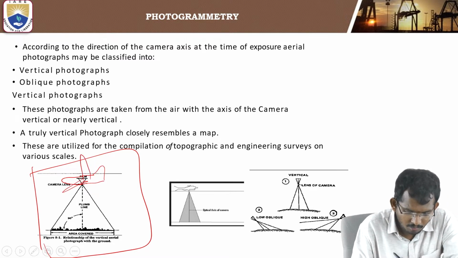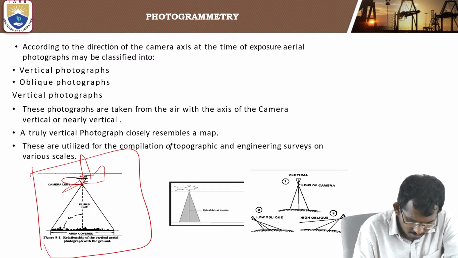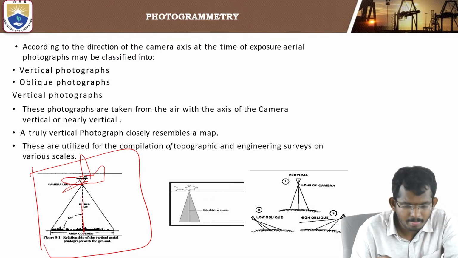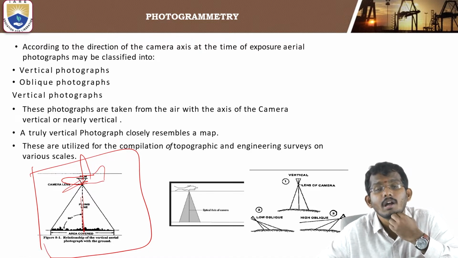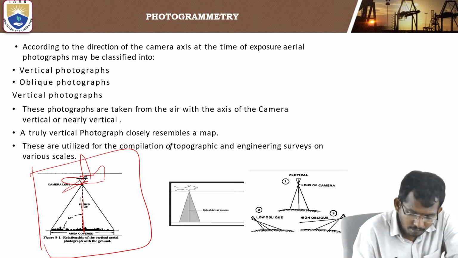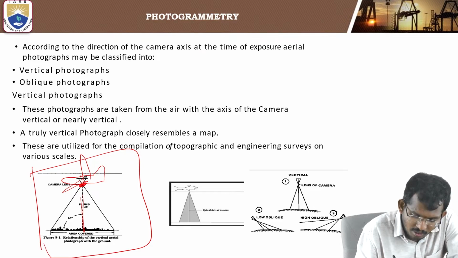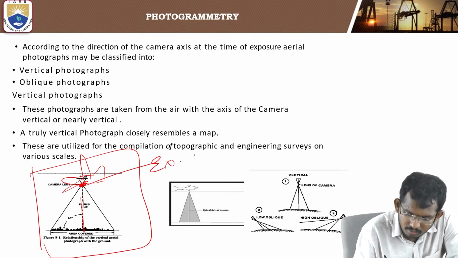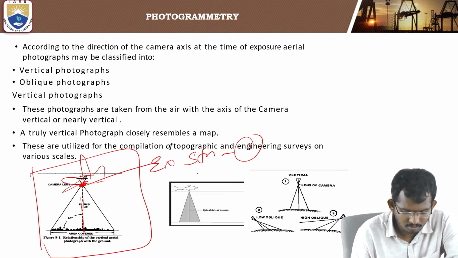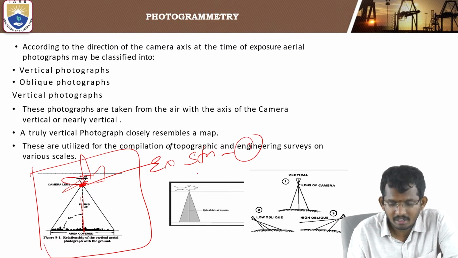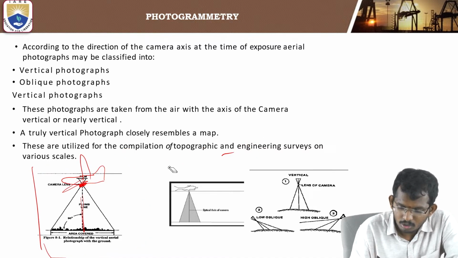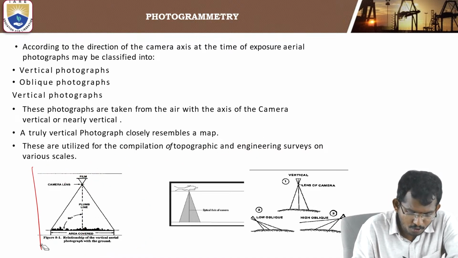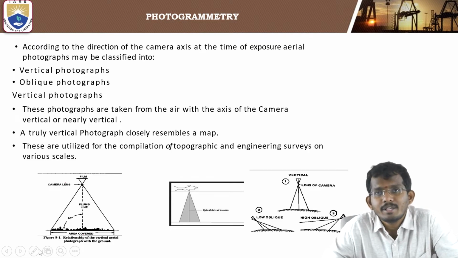From here, this is a plumb line, and the aircraft is capturing a vertical photograph from the atmosphere. The place where it takes the first photo is called exposure station 1. The photo is taken from the air with the axis of the camera vertical or nearly vertical. So we call it a vertical photo or an oblique photo.